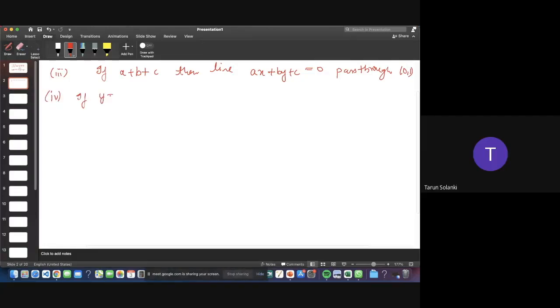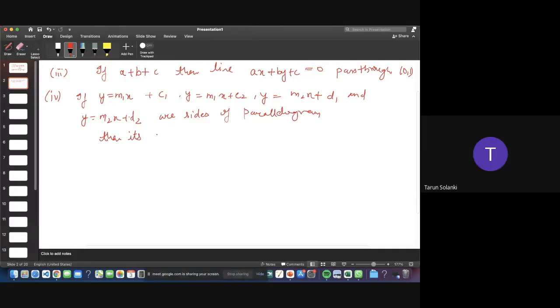Next, if y = m1x + c1, y = m1x + c2, y = m2x + d1, and y = m2x + d2 are the sides of a parallelogram, then its area will be (c1 - c2)(d1 - d2)/(m1 - m2).